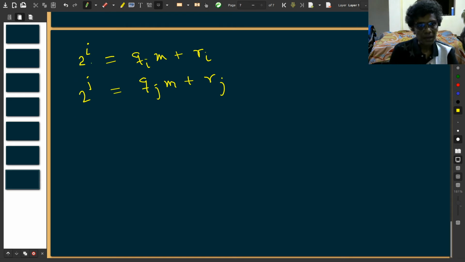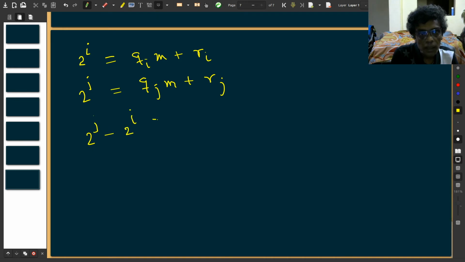Now I subtract. Of course, if I had minus 1 it would cancel, but that's not necessary. What do I have? 2 power j minus 2 power i is equal to, if ri is equal to rj, qj minus qi times m.